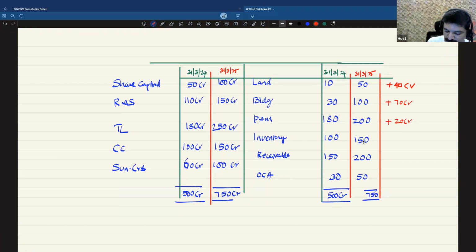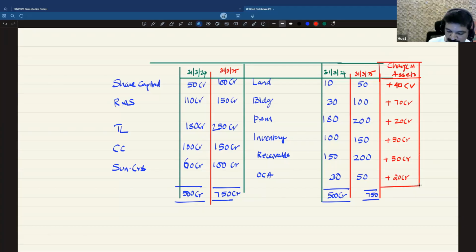Also see the investments in inventory. From 100 to 150, it has increased by 50 crore. Receivables increased by another 50 crore. Other current asset increased from 30 to 50, an increase of 20 crore. So this is the change in assets that has happened during the year.